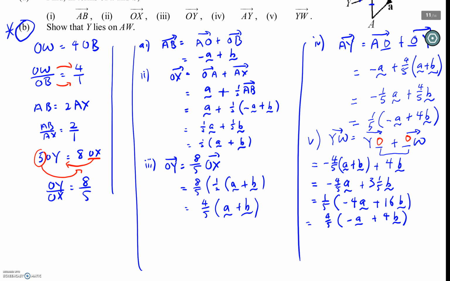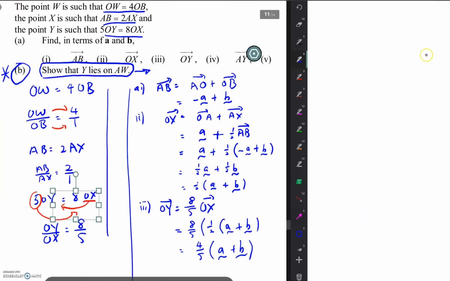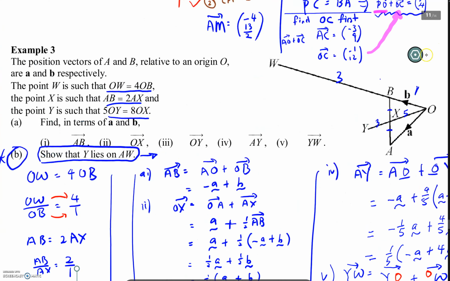Now, show that Y lies on AW. Can you rephrase this question? Anyone want to try? Show that Y lies on AW. How to rephrase?